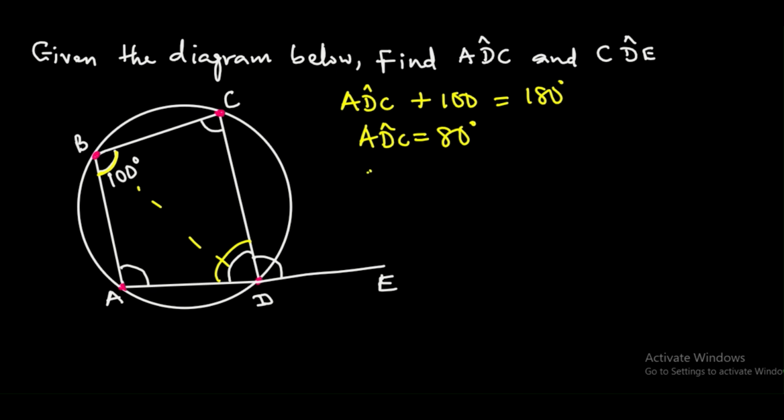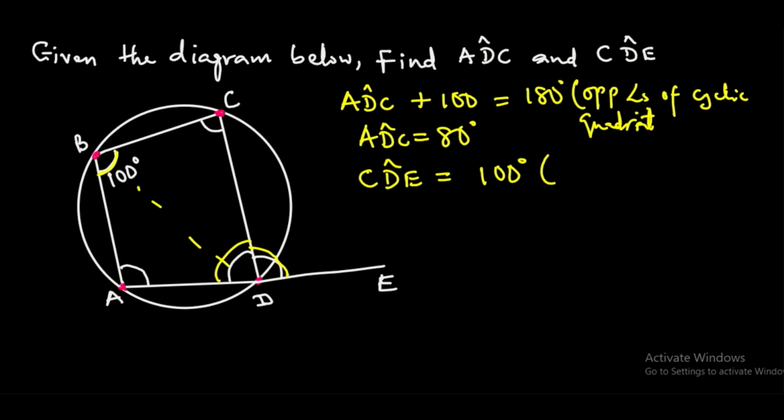Okay. That has been done. CDE. We can just say CDE is equal to 100 because it's an exterior angle, which is equal to the opposite interior angle. Its opposite interior angle there is 100. So the first reason is opposite angles of a cyclic quadrilateral are supplementary.